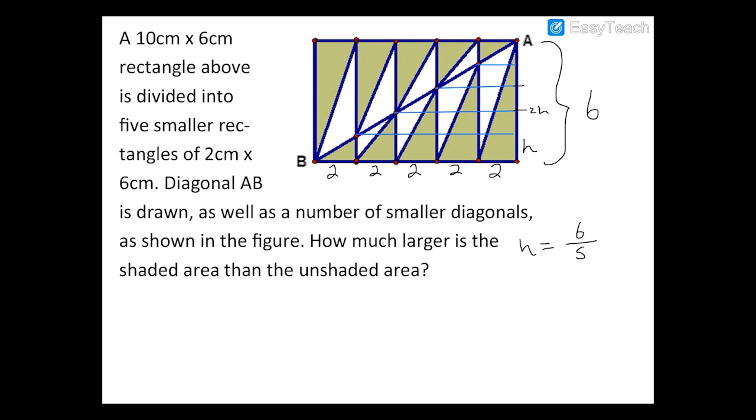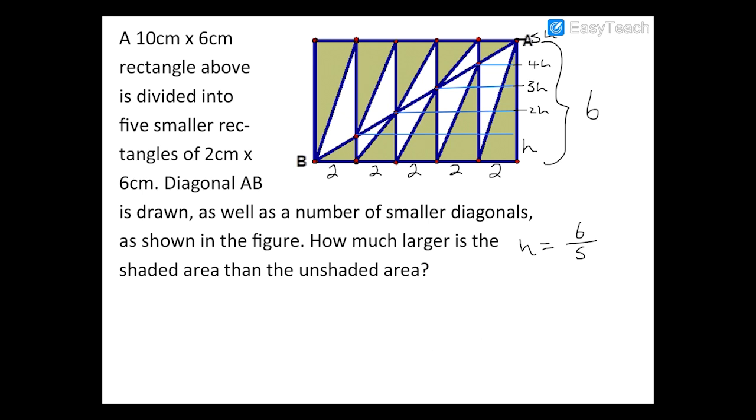At that point there is 3h. At that point is 4h. And at the top there is 5h. And h is 6/5 because that height is 6 centimeters. So from here you actually have most of the information that you need.